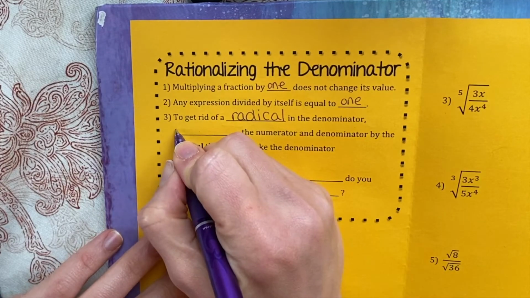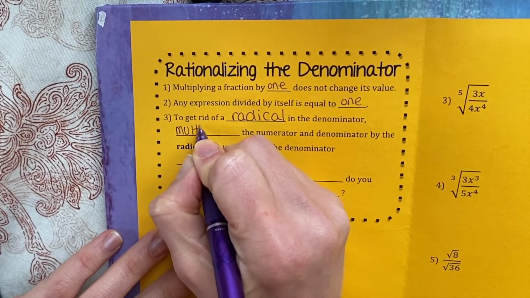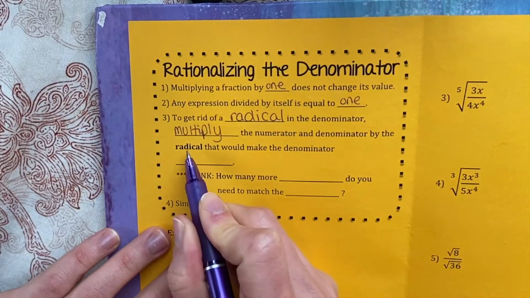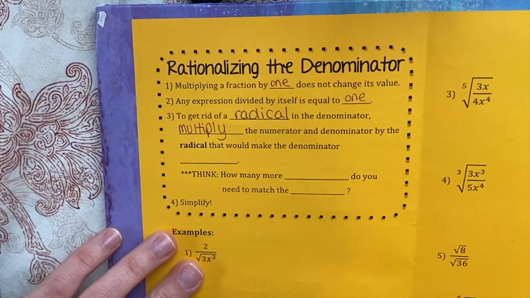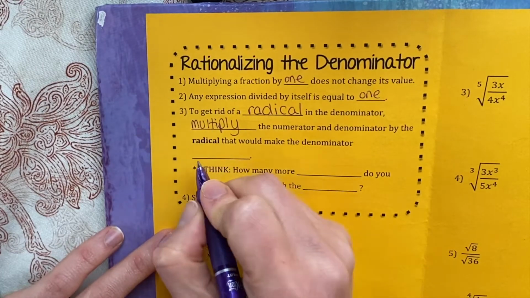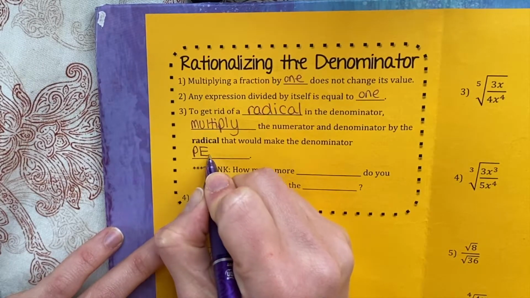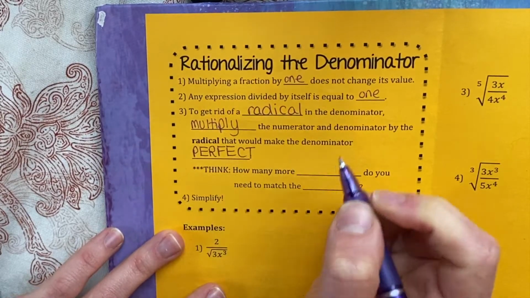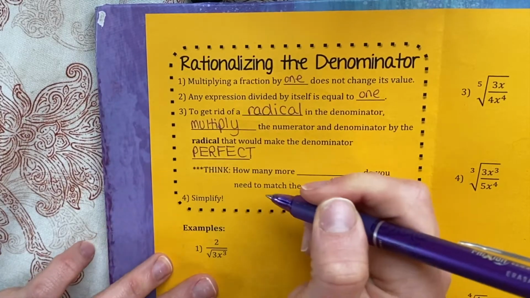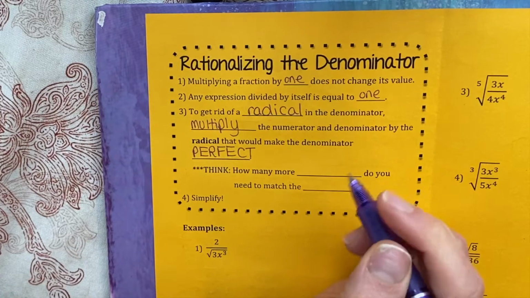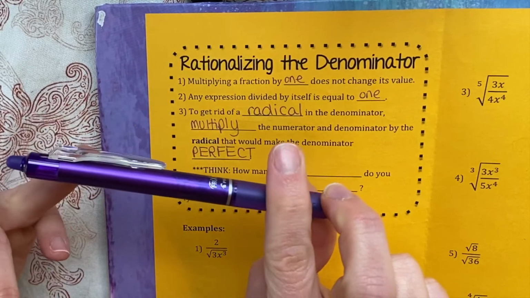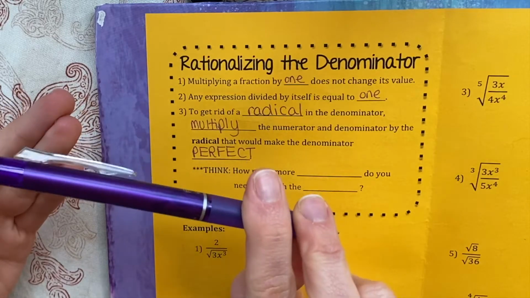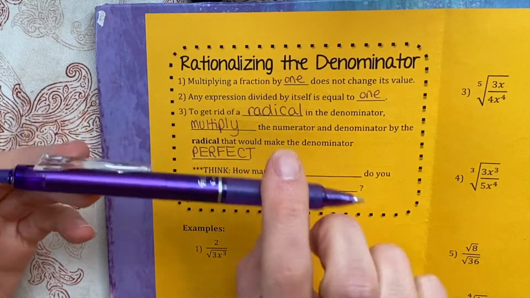It requires us to multiply the numerator and denominator by the radical that would make the denominator perfect. And this perfect means perfect squares, perfect cubes, groups that are going to match the index. So think back to when you were simplifying, right?